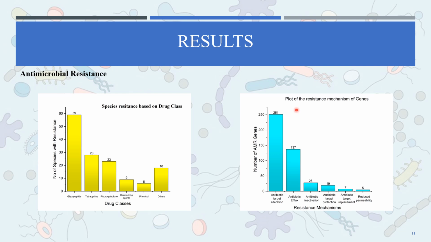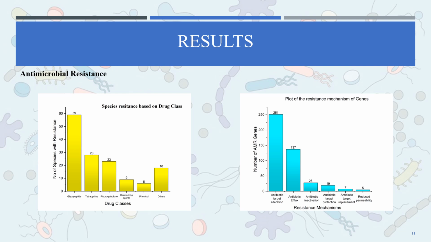And in the plot of the resistance mechanism of genes, antibiotic target alteration and antibiotic efflux are the two most common methods for all genes. What happens with antibiotic target alteration is that the bacterial species do not allow the drugs to recognize the targets properly, so they alter the target for the drug to be even effective.